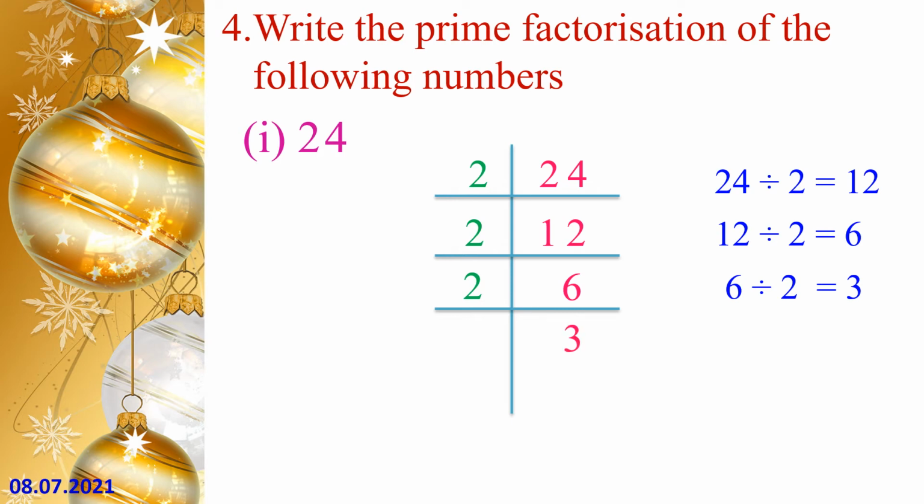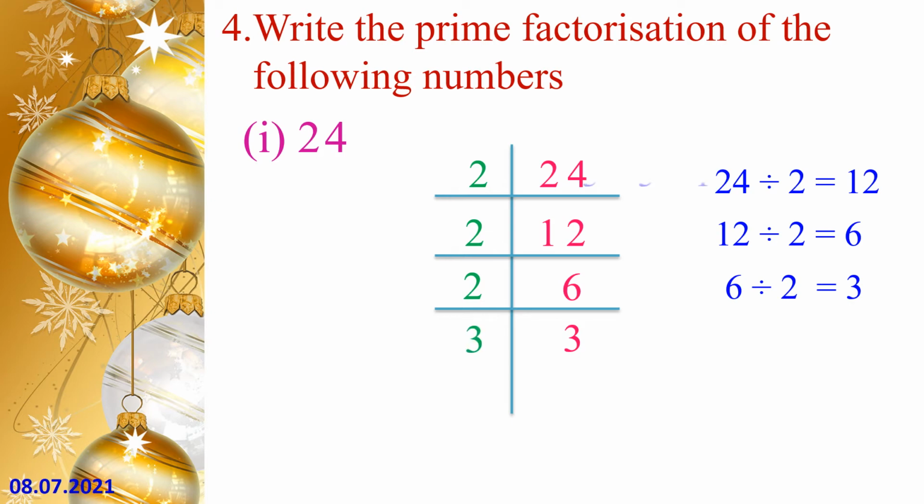Next, 3 is an odd number, so it is not divisible by 2. So now we move to the next prime number. The next prime number is 3. 3 is a multiple of 3, so it is divisible by 3.